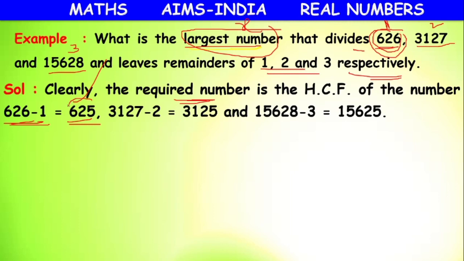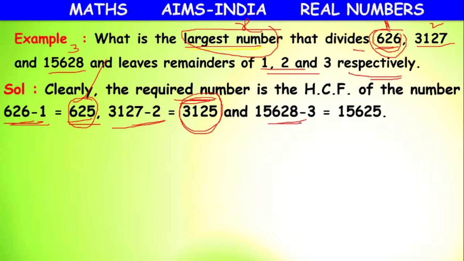That 625 will be divided by x exactly. From 3127 also, as it is leaving remainder 2, if we remove 2, this 3125 will be divided by x exactly.